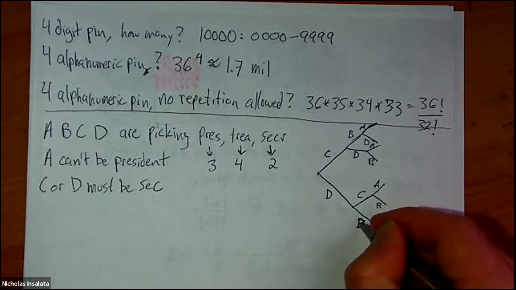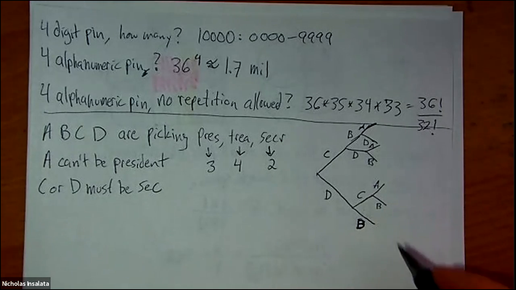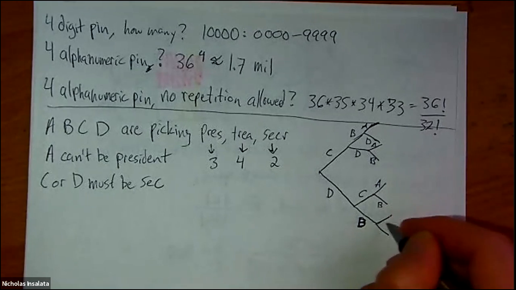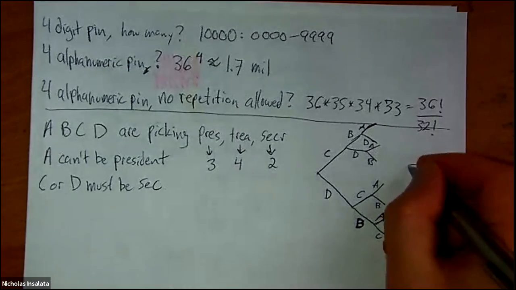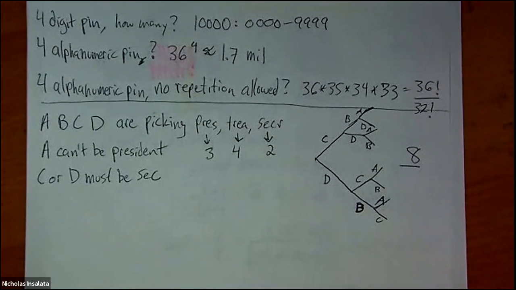There we go, that's better. C or B, right? And then here we would have A and B are used, so A and C would be left. Okay. And we did end up getting 8 total picks, which is 2 times 2 times 2. So it is 2 times 2 times 2.